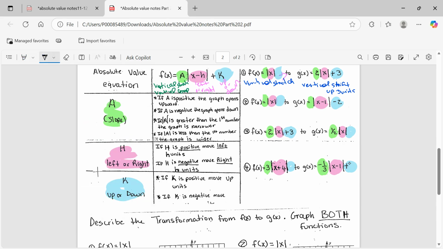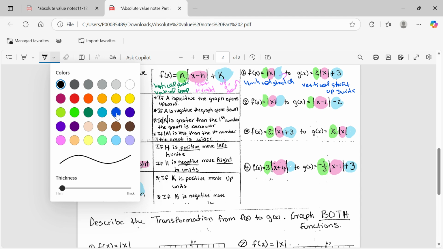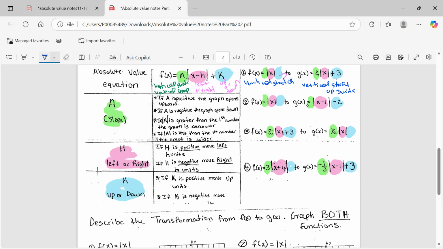And I think I missed the number out here. Let's call this 3. All right, so let's rock and roll. We would have from 1 to 1, no change. So not open up or down. From x to x minus 1, let's change this. It's not what I see. It's the opposite.